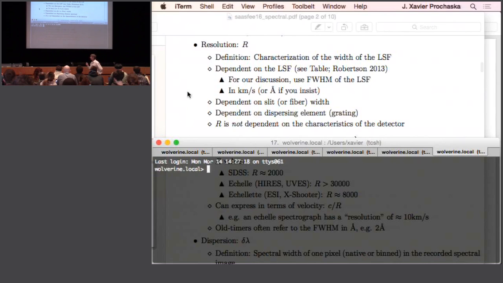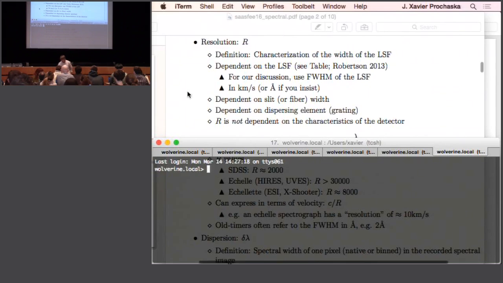And if you're using a slit, it's even dependent on the size of your source, which may mean the seeing that you're observing with. It's dependent on the dispersing element, and it's not dependent on the detector. Characteristics of the spectrometer, possibly characteristics of the seeing, not characteristic of the detector.